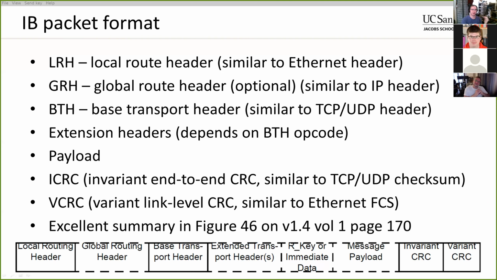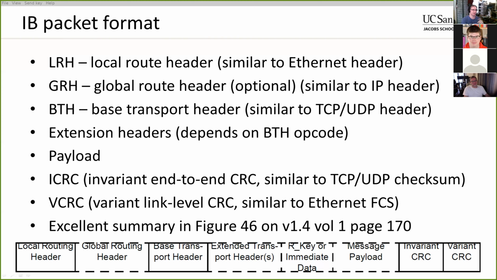So for RoCE, the BTH is kind of where everything starts. For RoCE v2, you don't see the LRH or the GRH. The InfiniBand part of the packet data starts with the BTH. The BTH header is then followed by several extension headers, which may or may not be present.